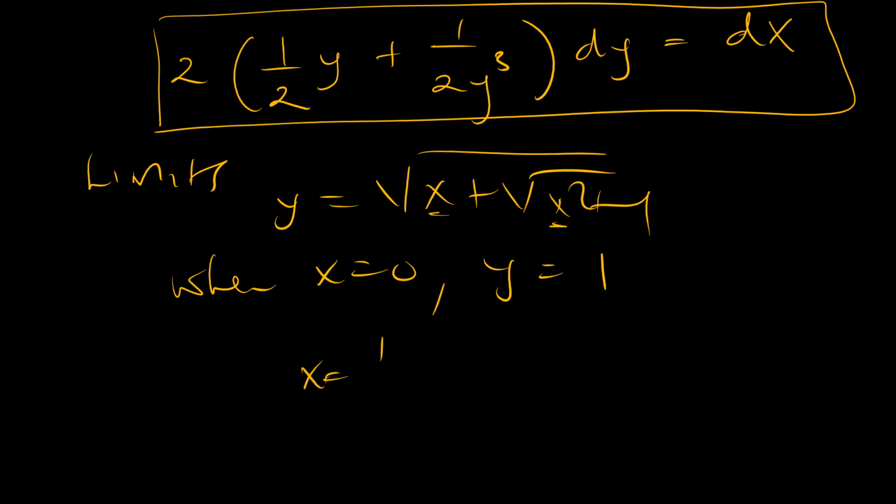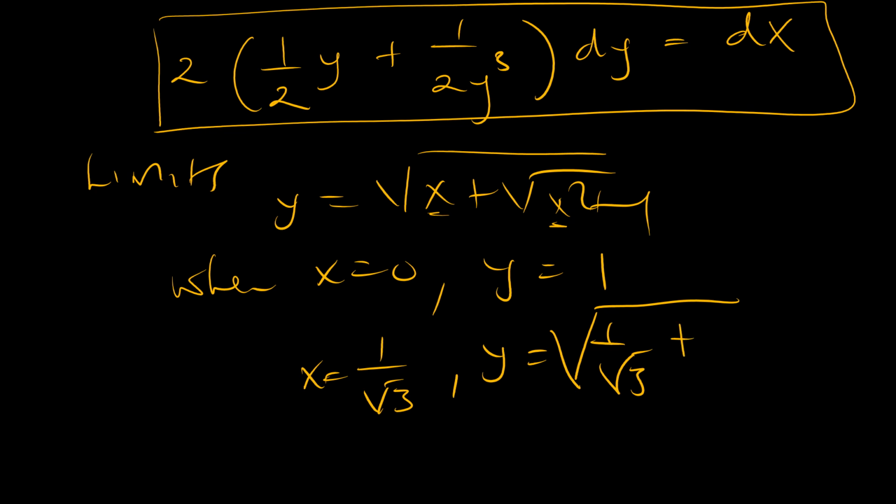When x equals 1 over root 3, y equals 1 over root 3 plus 2 over root 3, which becomes 3 over root 3, so this becomes 3 to the power of a quarter.